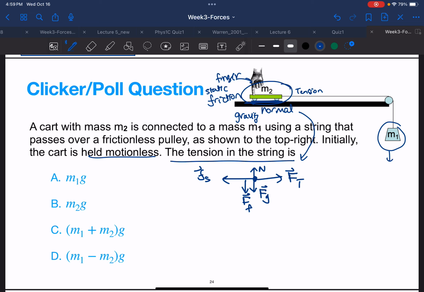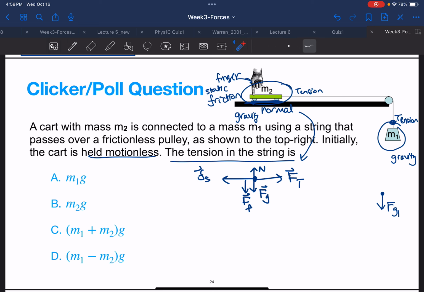Now let's work with this mass. There's one contact point here, which is the tension force. And then there's, of course, gravity as the long range force. So we have force of gravity Fg1.